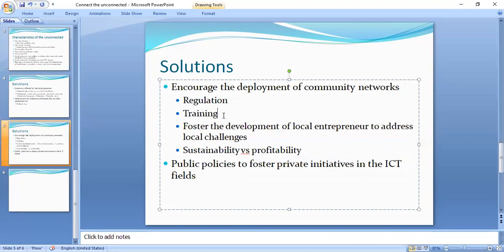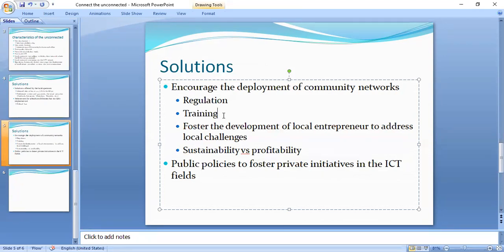And also, we have to provide money, not even money, but training in terms of local entrepreneurship to address local challenges. Because if you have connectivity and people are not willing to use it and help to solve local problems, it's like having the network available and not having people to use it.